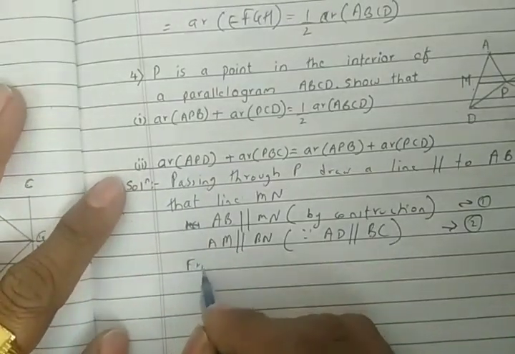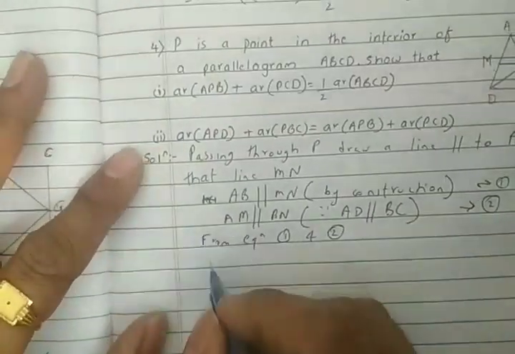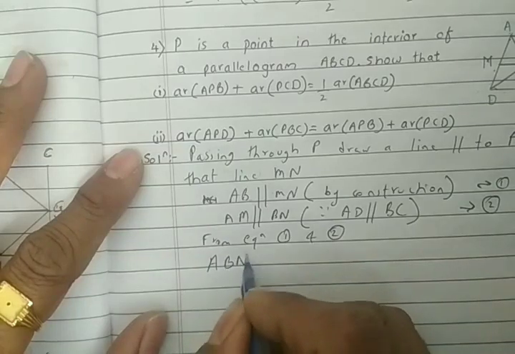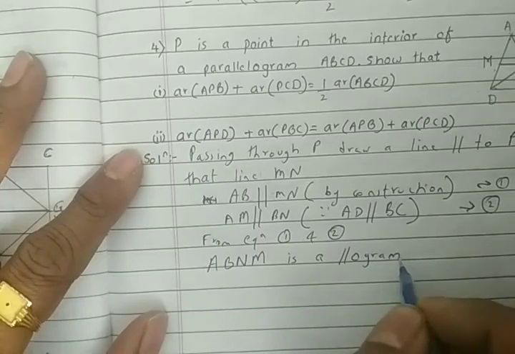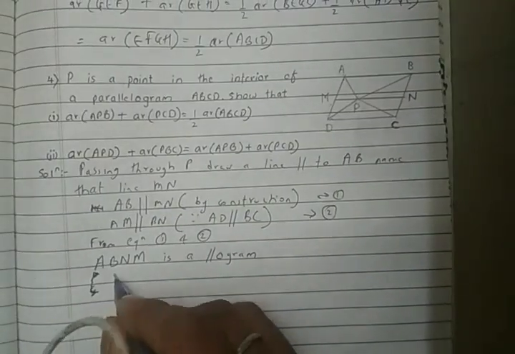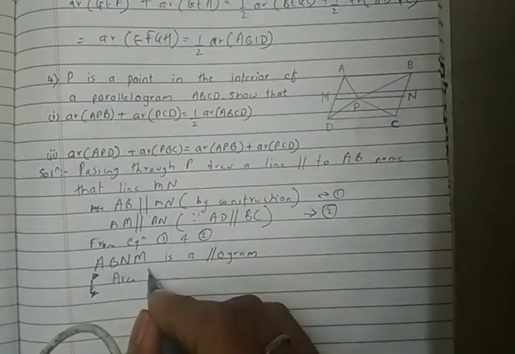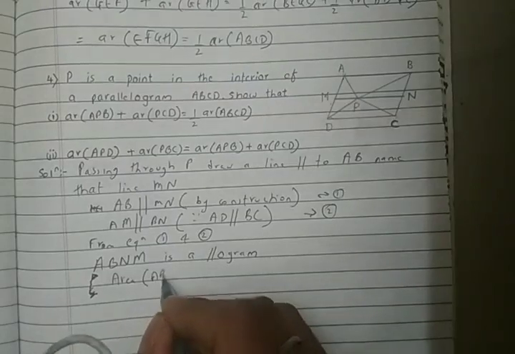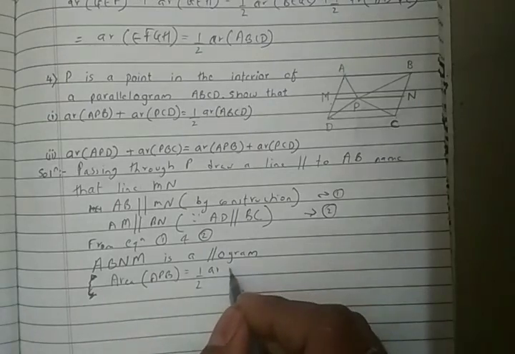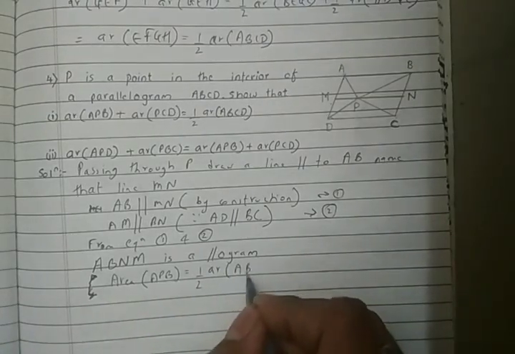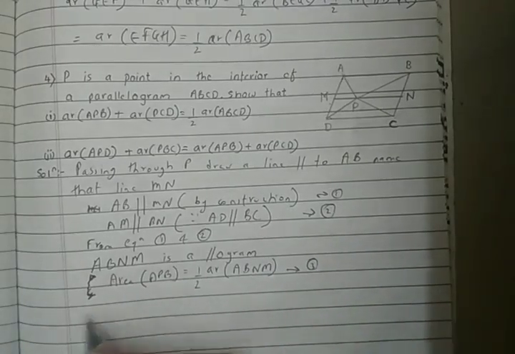So now from equation 1 and 2 we'll get ABNM is a parallelogram. Now here area of APB is half of area ABNM. Name this equation 3. We'll write the reason for this.